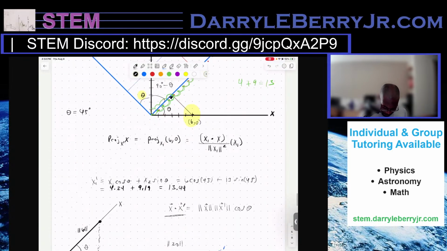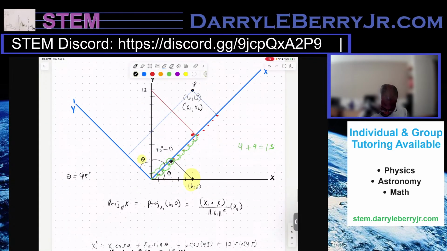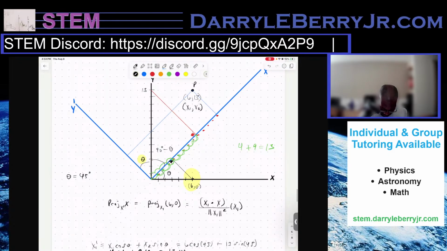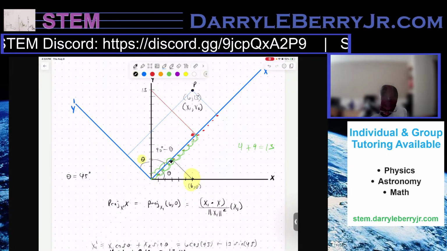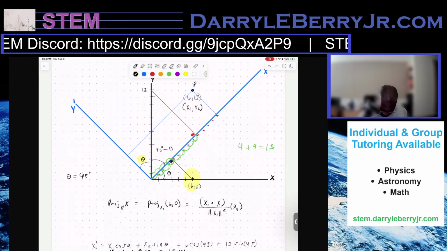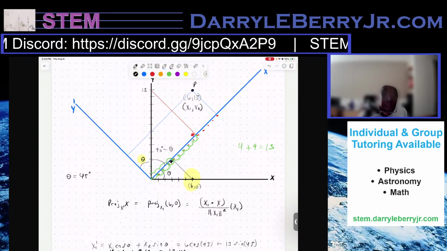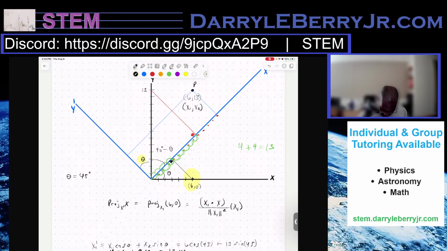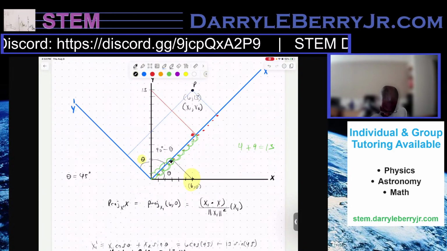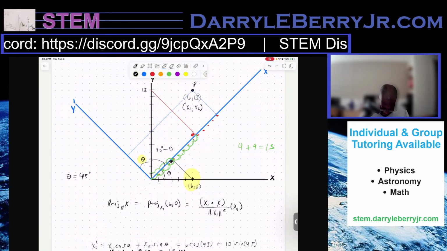Let's look at that. Cosine of that is that the same thing as sine of theta?